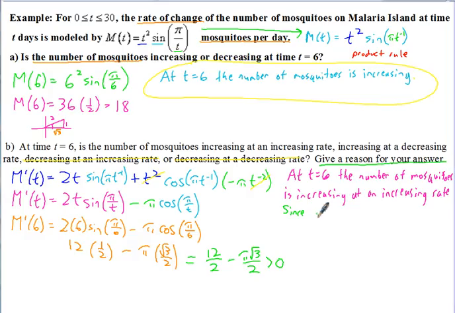So it'd be since m of 6, which we figured out in part A, is greater than 0, and m prime of 6, which we figured out in part B, is also greater than 0.